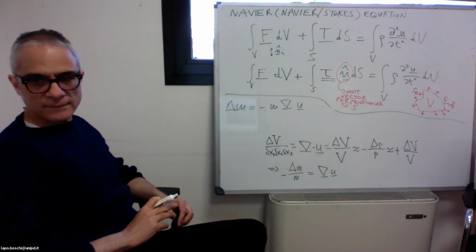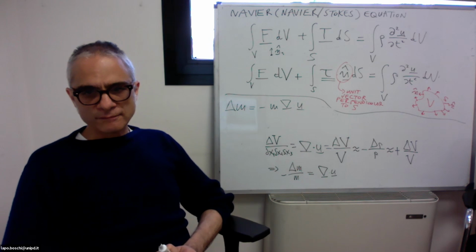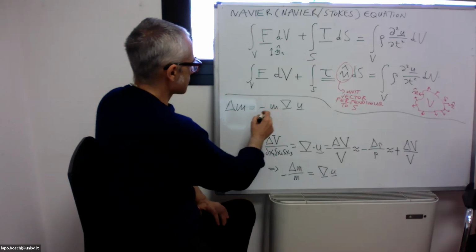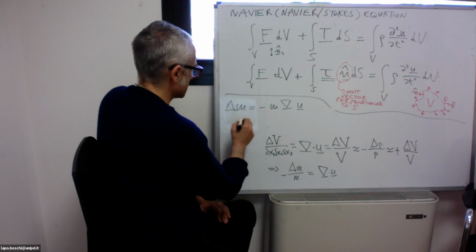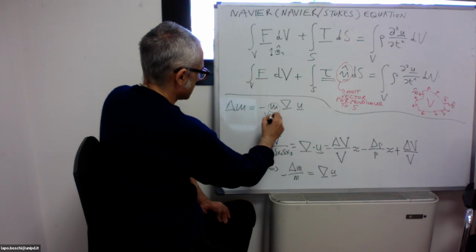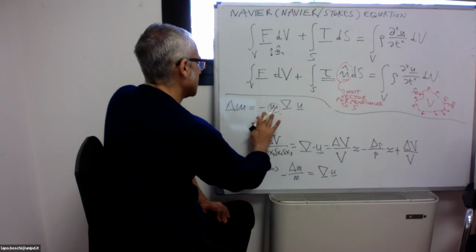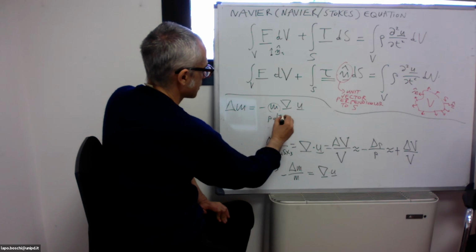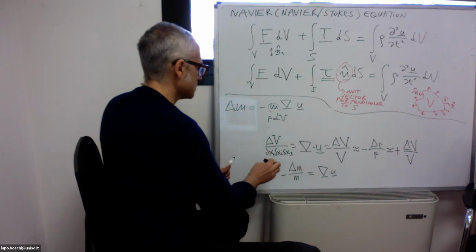So let's apply this now, let's apply it first to a small element of mass, that coincides with rho dV, okay, for a small volume dV.